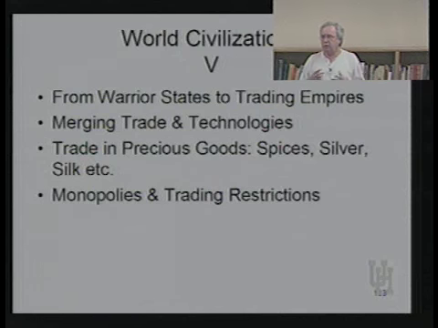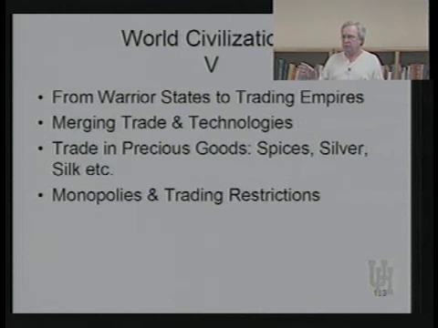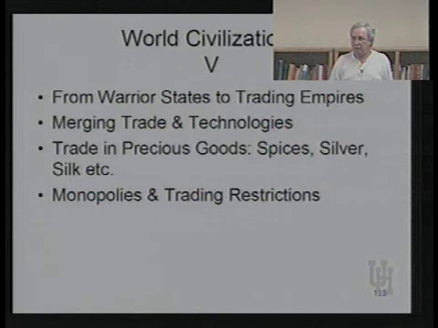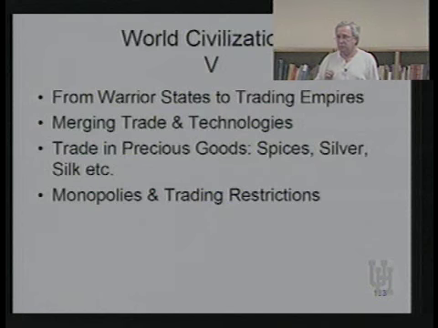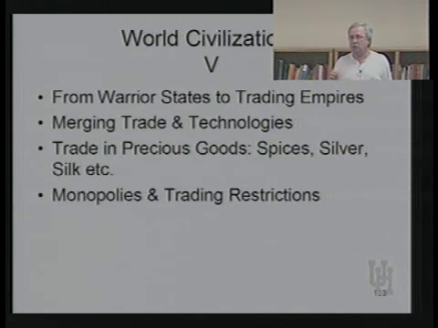Although some of the trading empires, such as the Ottoman and the Mughal Empire, saw themselves as creating environments of stability in which traders from a variety of regions could trade freely on the payment of a tax, the European empires, as they expanded, such as the Portuguese and the British and the Spanish, sought instead to create monopolistic systems, to restrict trade, to control it and benefit that way by having monopolistic control over precious goods like spices, the Portuguese, or monopolistic control over trade with a region, such as the British Empire in North America.